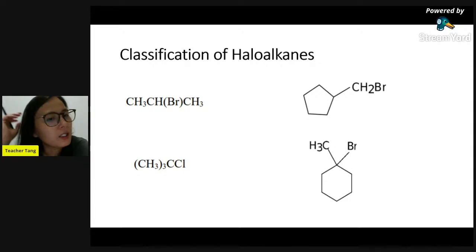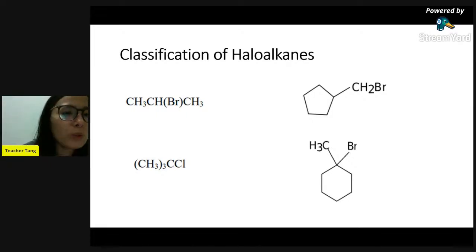Now we move on to look at how to classify the haloalkane. Again, first we circle the reference carbon. If you can't see it like this, you can expand it. The carbon is bonded to the hydrogen, and another one to the bromine.